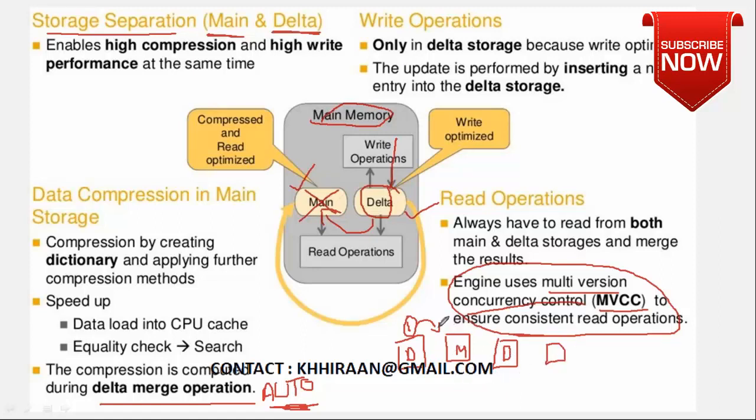So during the merge, the record goes to the new main delta. Then automatically the system will remove the old delta storage and main storage, and you have again the new delta storage and main storage.